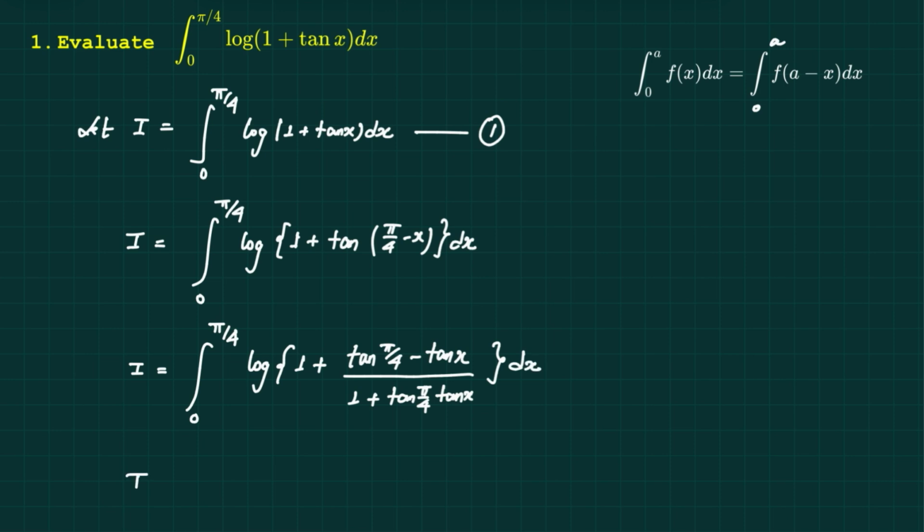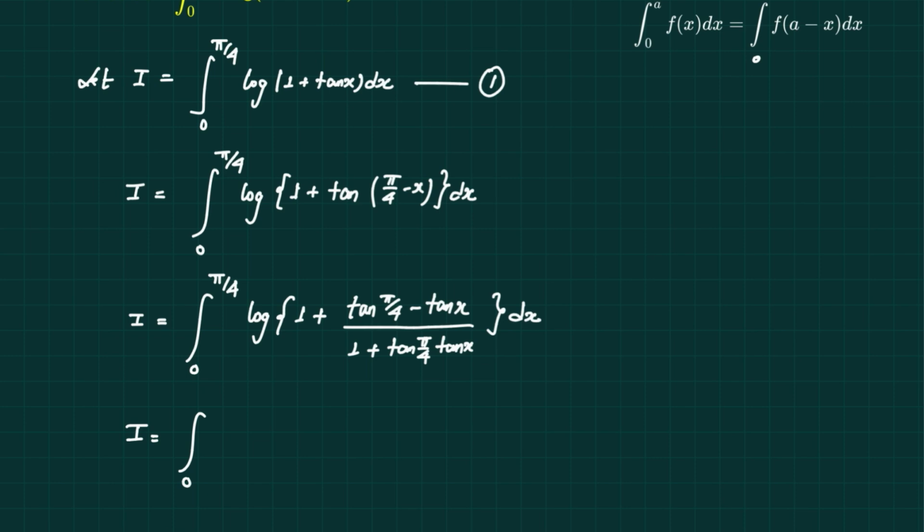So this implies I equals integration from 0 to pi over 4 of log of 1 plus (tan pi by 4 is 1) minus tan x, divided by 1 plus (tan pi by 4 is 1) into tan x is tan x, dx.